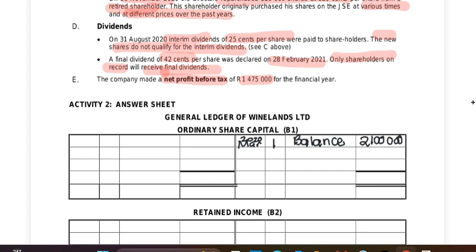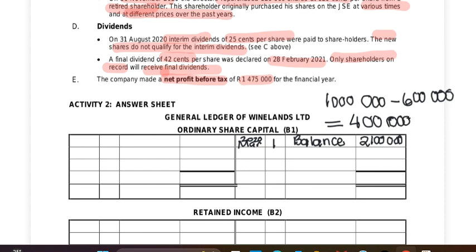We take the 1 million, subtract 600,000, and that will give us 400,000 shares. So that is how many additional shares were issued this year.